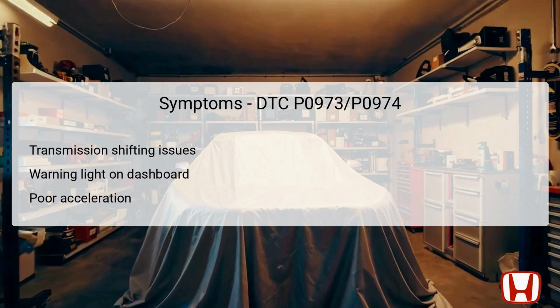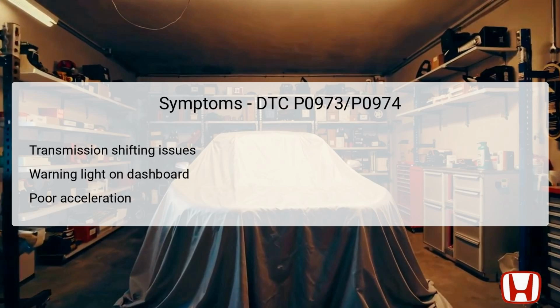When DTC P0973 or P0974 is present, drivers may experience a variety of symptoms that indicate problems with the vehicle's transmission performance. Firstly, noticeable transmission shifting issues are common, as the shift solenoid plays a crucial role in enabling smooth gear changes. This can lead to jerking motions during acceleration or a delay in shifting between gears.